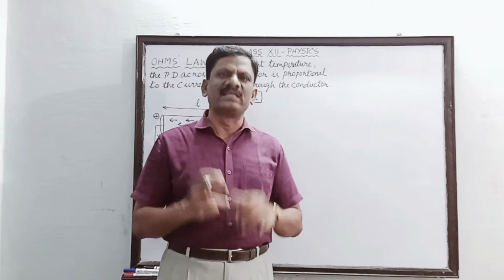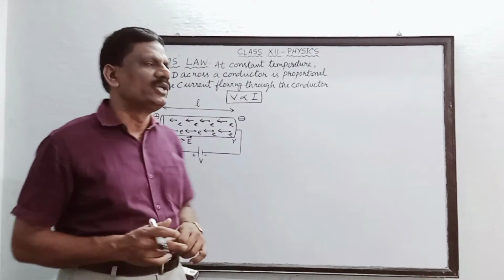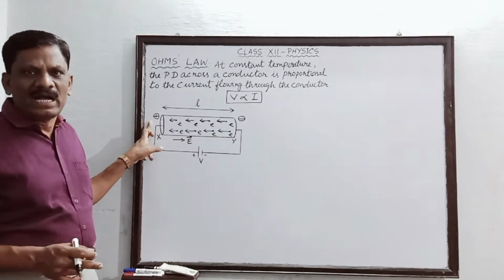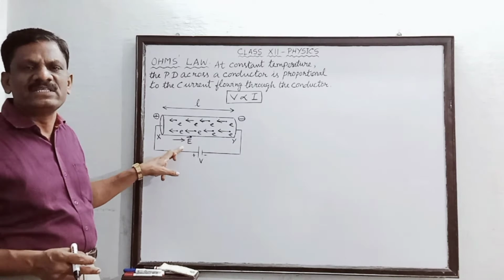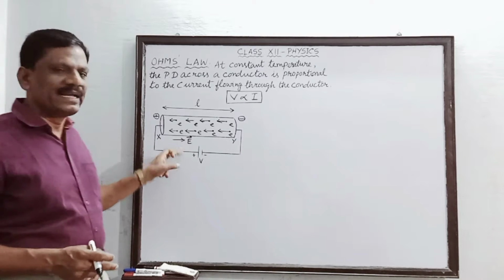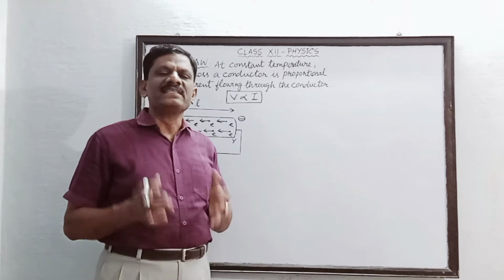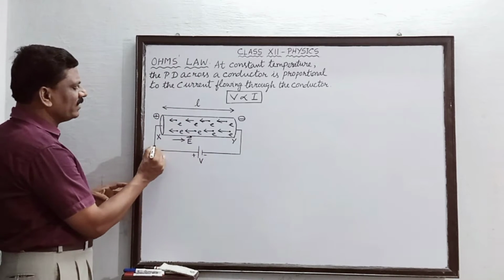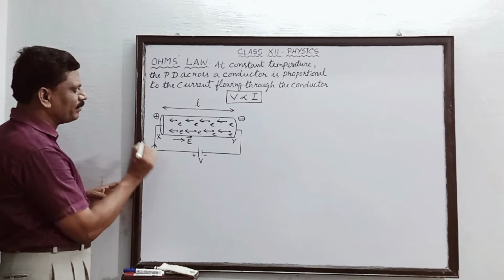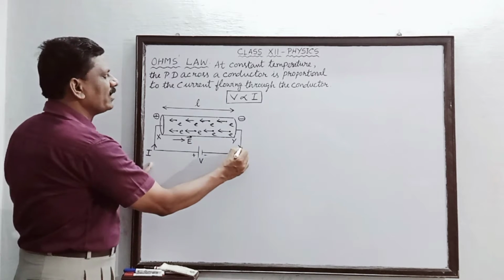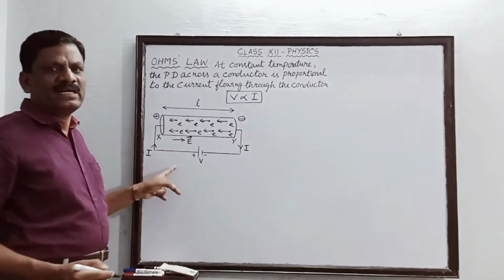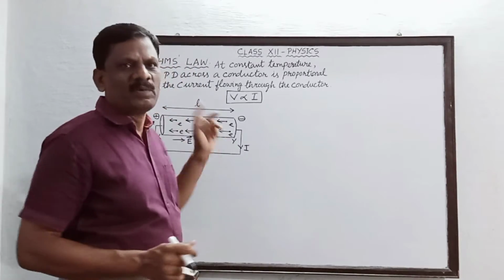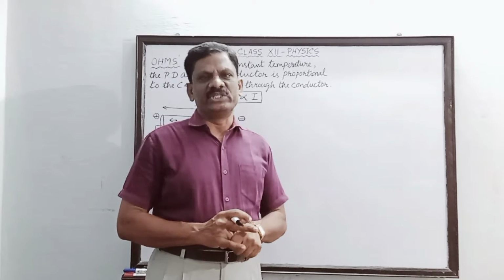So here two types of current we have come across. One is the electron current. The electron current is due to the flow of negatively charged electrons from the lower potential to the higher potential in a direction opposite to that of the electric field, and the conventional current is represented by the symbol capital I. Usually the conventional current is represented by the symbol capital I in any circuit, and this is the current which is due to the flow of positive charges from the positive potential towards the negative potential.